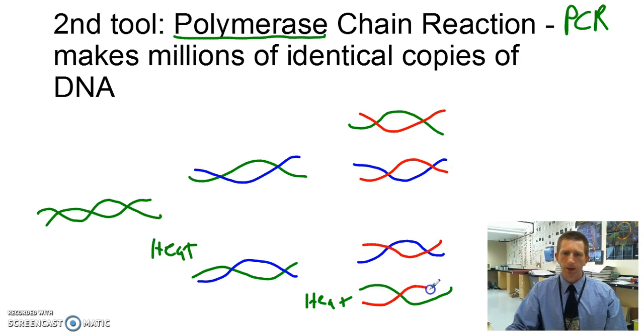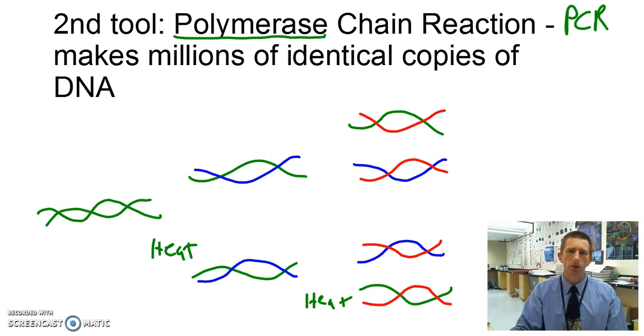And so now every cycle of heating and then cooling, so that Taq polymerase can come along, is going to double the amount of copies of DNA. And remember, because A's always go with T's and C's always go with G's, every single one of these copies is the same as our original.